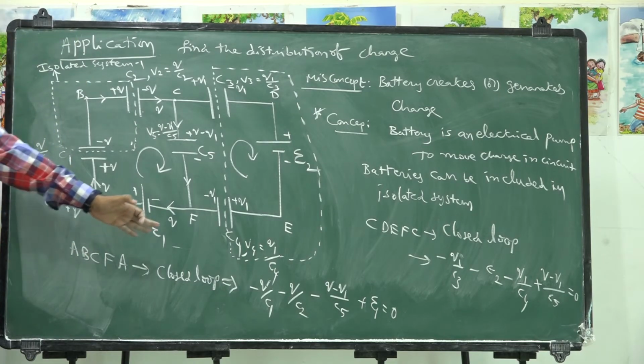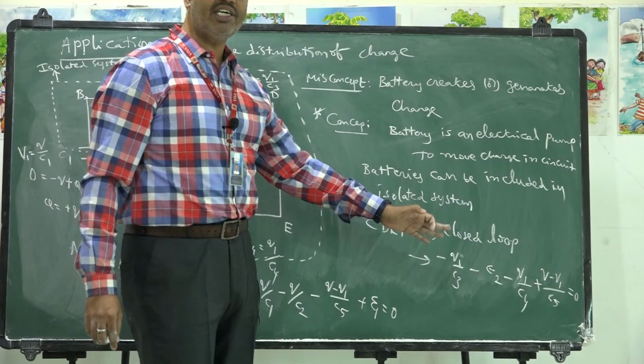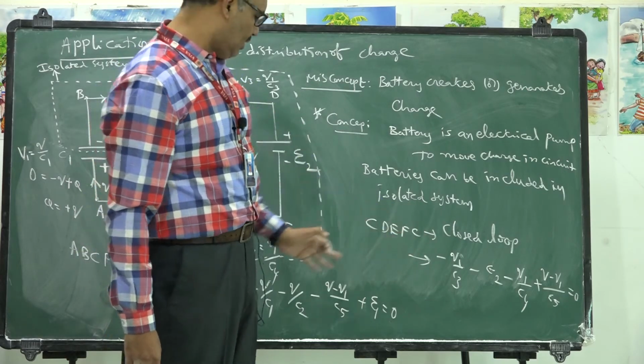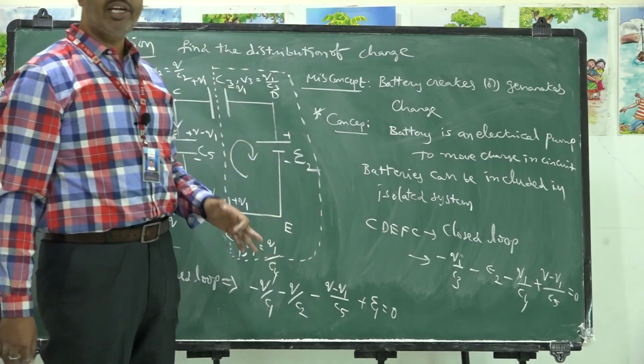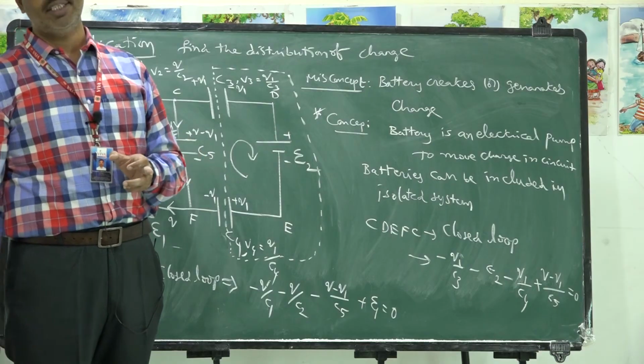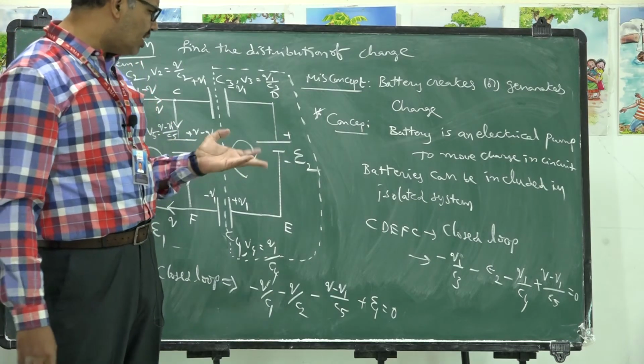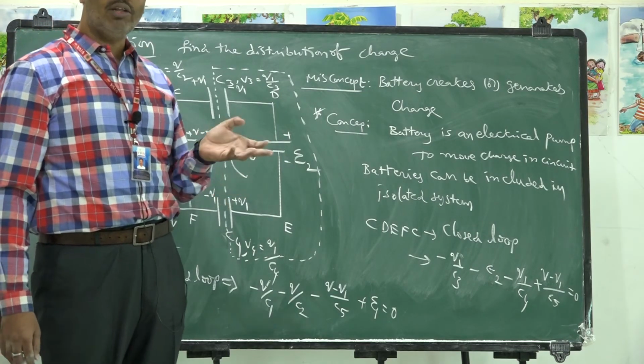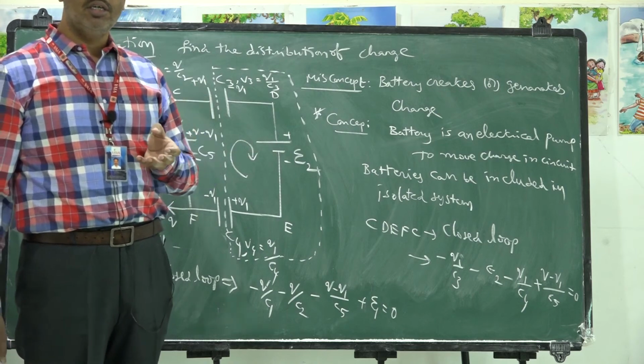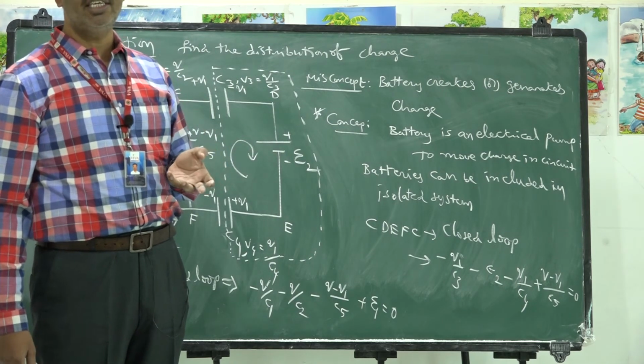Sometimes the calculation of these equations becomes so tedious. To avoid that problem, I will tell you some nodal analysis method. That method helps us to solve the problem in a simple way. That means you may say that it is a shortcut.